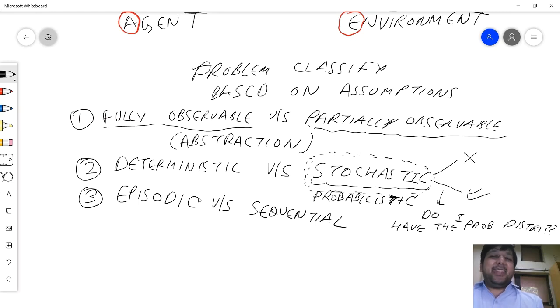Episode 1, episode 2, episode 1500, they really pull it up unnecessarily. So, episodic is something where while making the action, you are not concerned about what happened before. You're not concerned about what happens in the future. All you are concerned about is what do you do immediately.